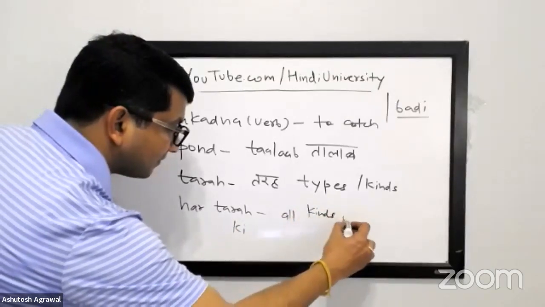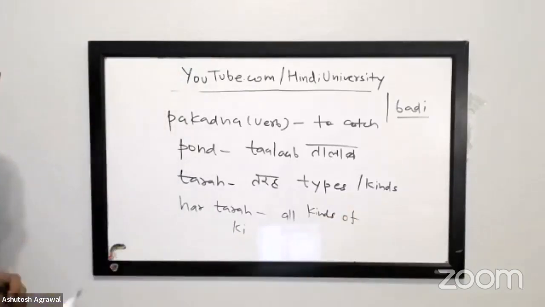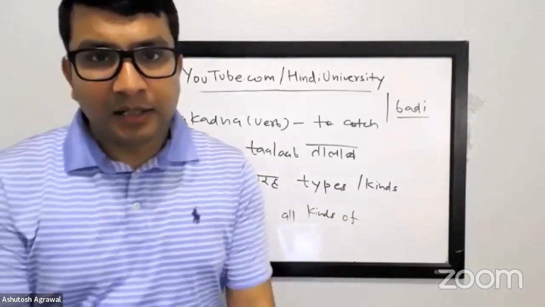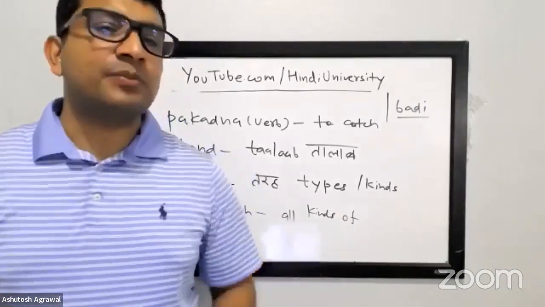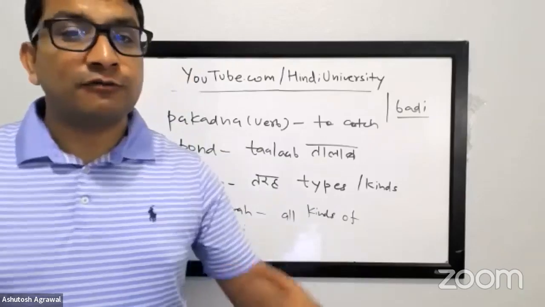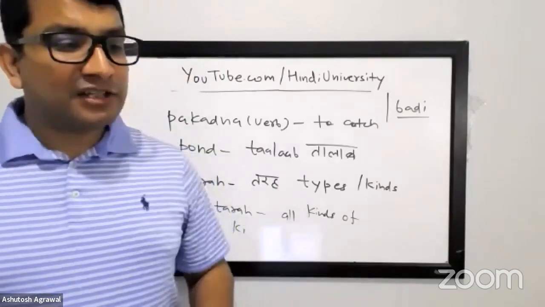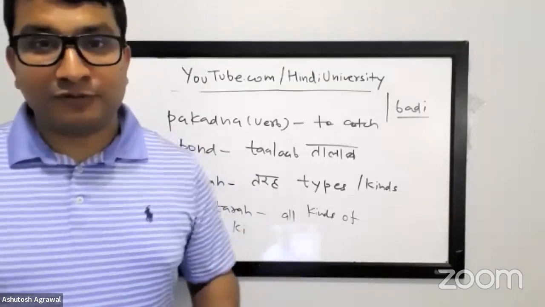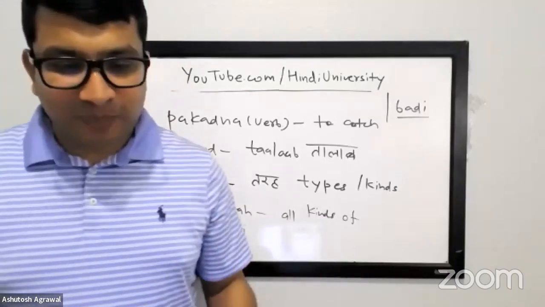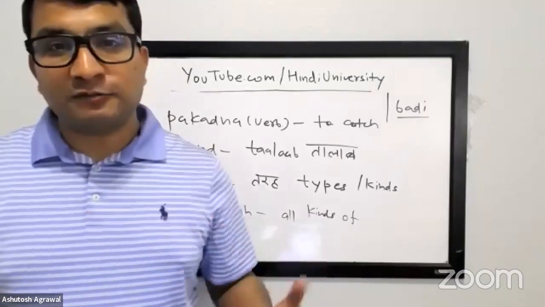The father is saying I like to catch all kinds of fishes. For example, if somebody were to ask you आप किस तरह का खाना पसंद करते हैं, like what kind of food do you like to eat, and let's say you like to eat every type of food, you can say मैं हर तरह का खाना पसंद करता हूँ. I like to eat all kinds of food.